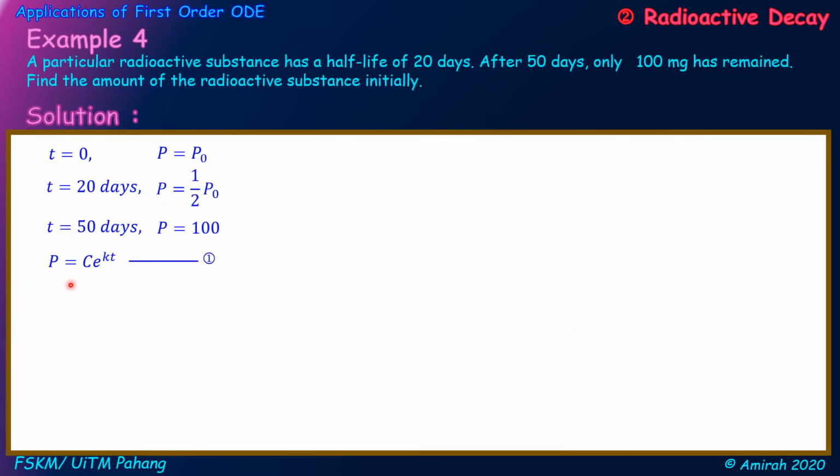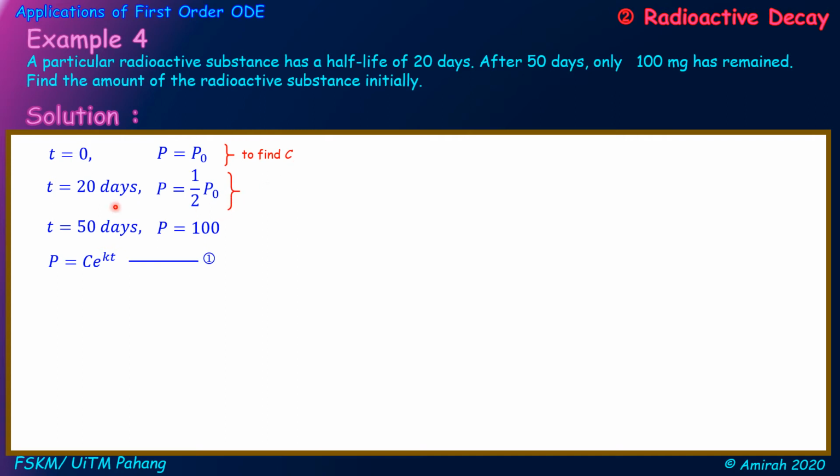From the previous slide, we get P equals to Ce to the power of kt, and we name it as equation 1.